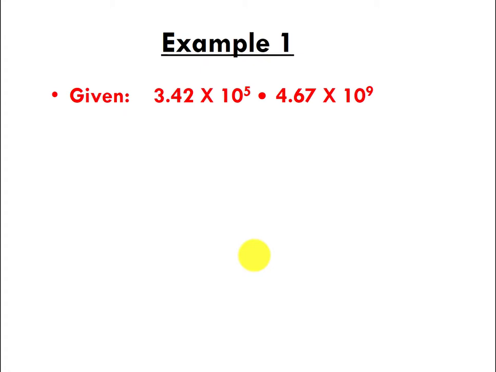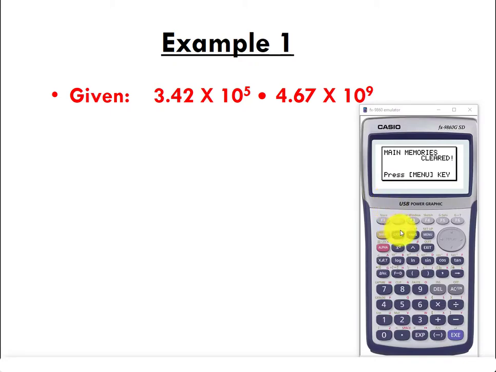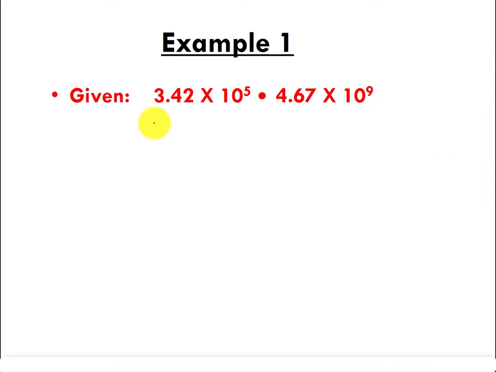So let's have our first example. We have 3.42 times 10 raised to 5 times 4.67 times 10 raised to 9. Alright, so first we need to multiply 3.42 times 4.67. Okay, we have 15.9714.